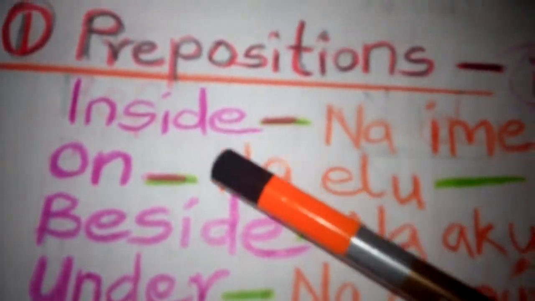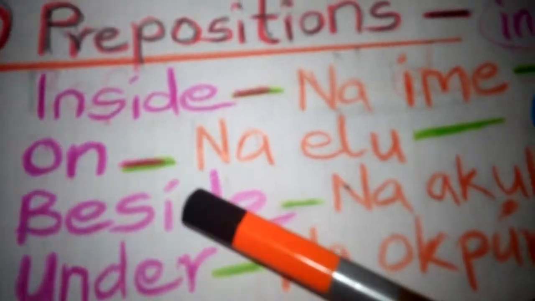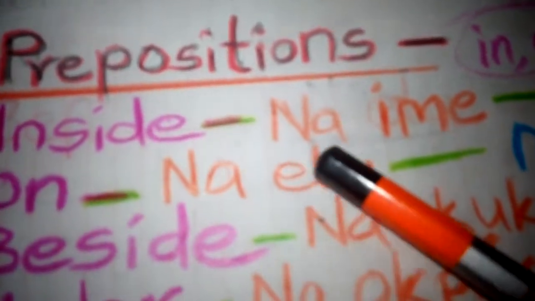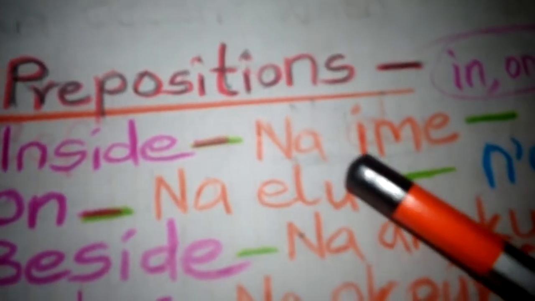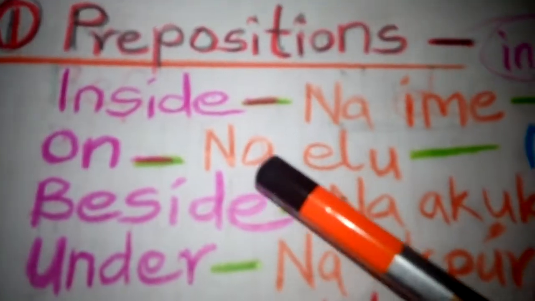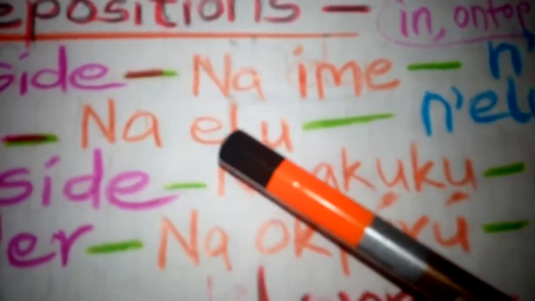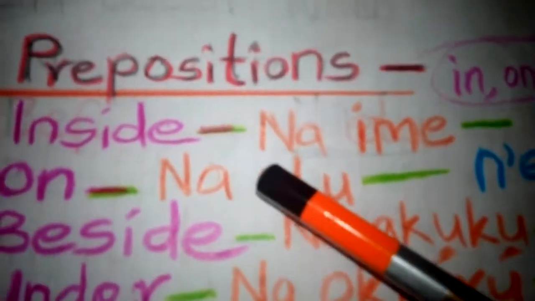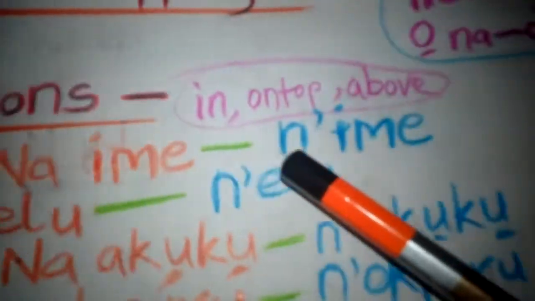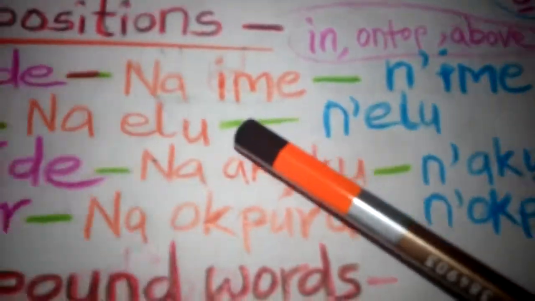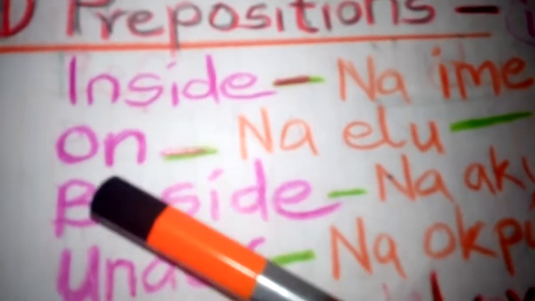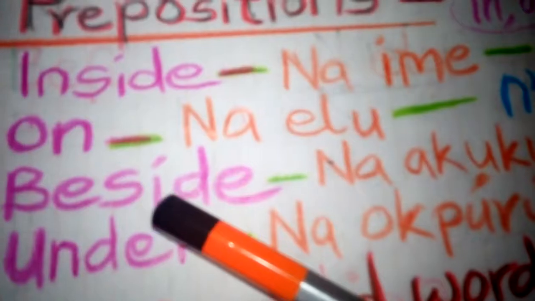So I will teach you about prepositions. Na is used as a preposition in Igbo language, but not all na. It is when na is acting as a preposition that you can put this apostrophe. So you must check properly whether it's a preposition: inside, on, under, beside.